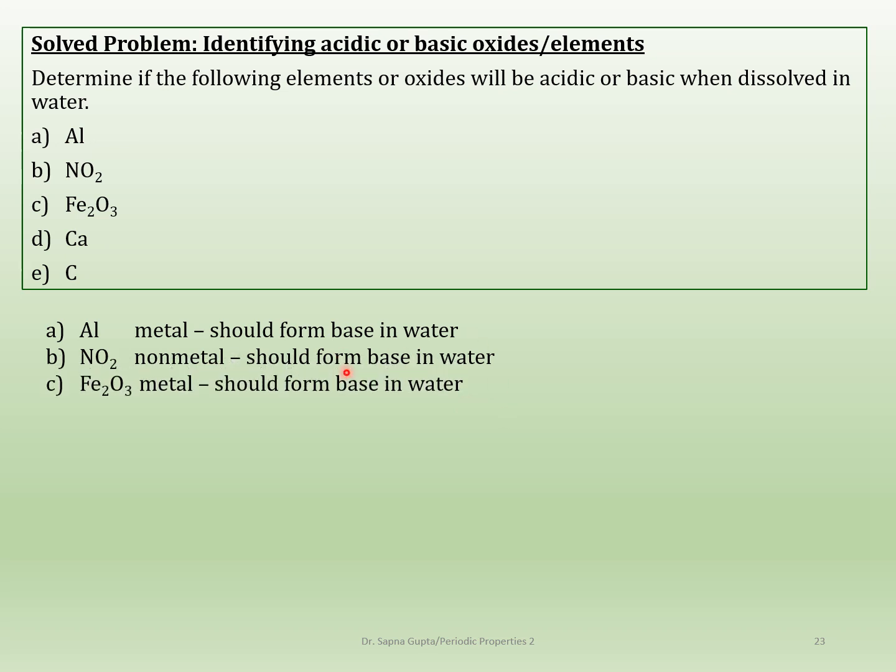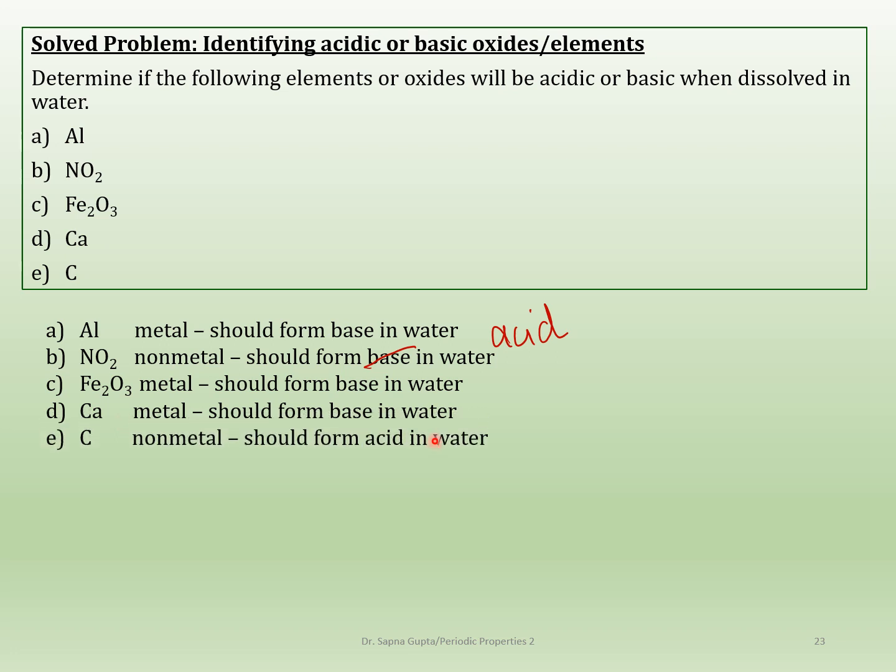That's wrong on the slide, so I should correct that, and I will correct that later on. So that is acid in water. And then iron oxide should of course give you a base in the water. And what else do we have? Calcium is a metal, should give you a base. Carbon should give you an acid in water. So that's how it goes, and that's how simple you want to keep this.